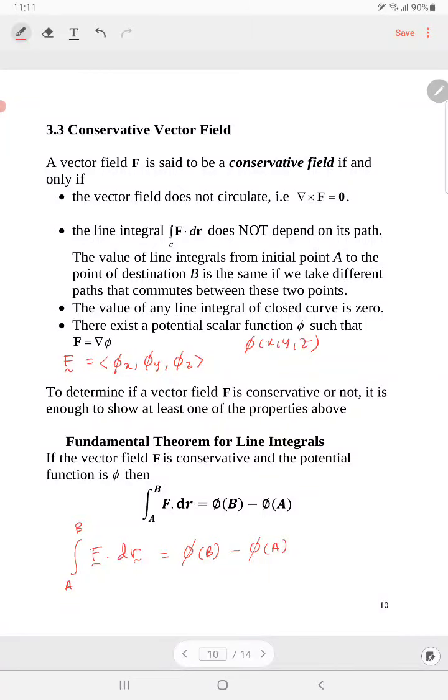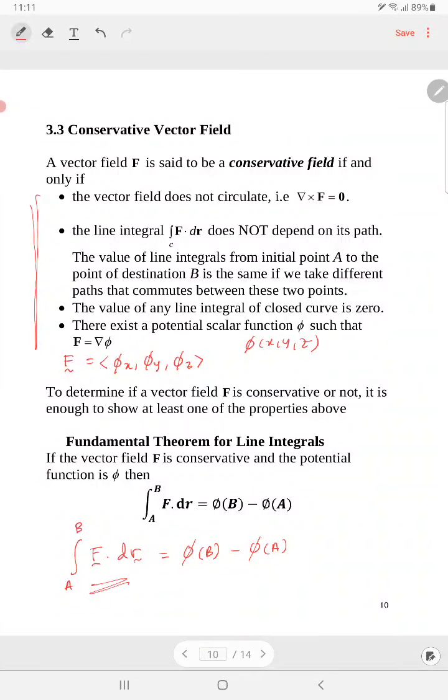So instead of evaluating line integral, we use the potential function to find the work. Well, you know, F dot dr is equal to work done. So potential function at the destination point minus the potential function at the initial point. So that is fundamental theorem for line integral, and these are the properties for conservative field.